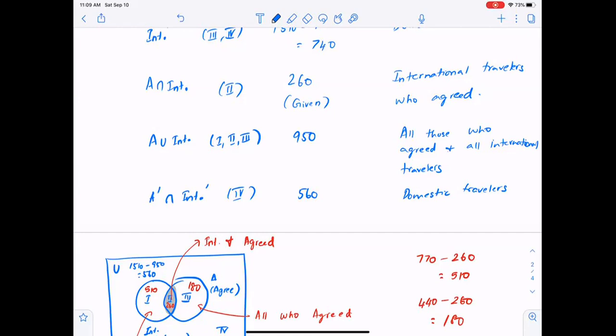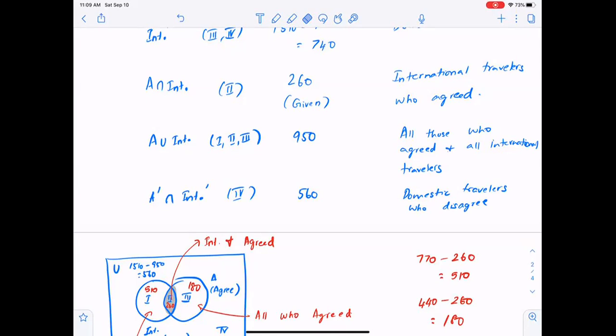Not international, the complement, would mean not international, which would imply domestic. The set A would mean agree, not A would mean disagree. So domestic travelers who disagree. You have a domestic traveler and the person also disagrees.